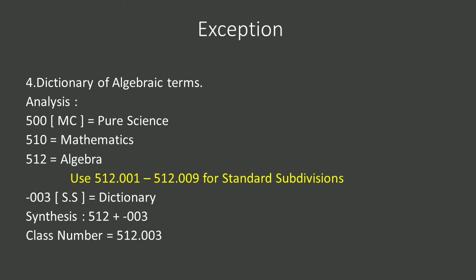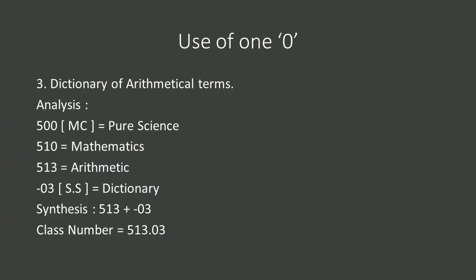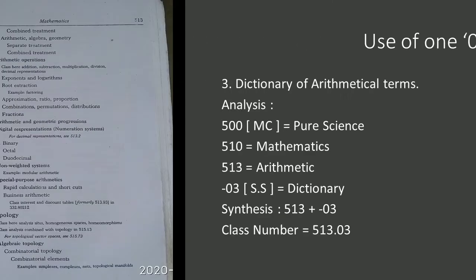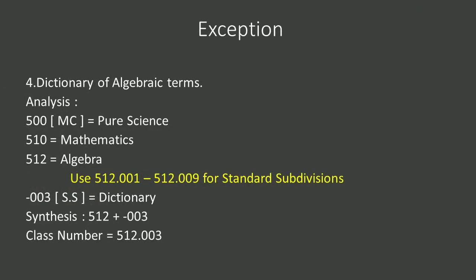Dictionary of algebraic terms. Algebra is a part of mathematics, we know, and mathematics is part of science. So I have written here 500 main class pure science, 510 for mathematics, and under mathematics 513 is for arithmetic and 512 for algebra.